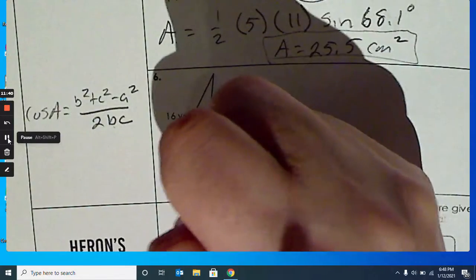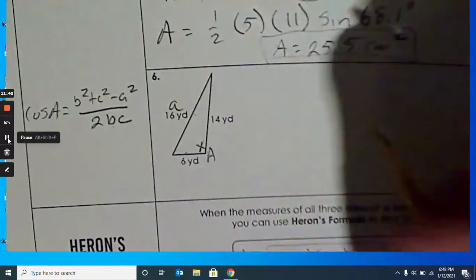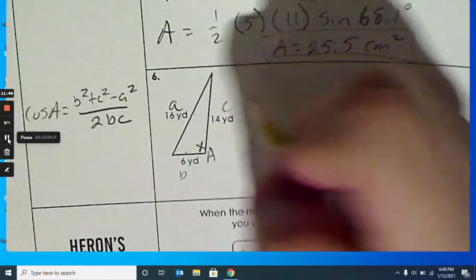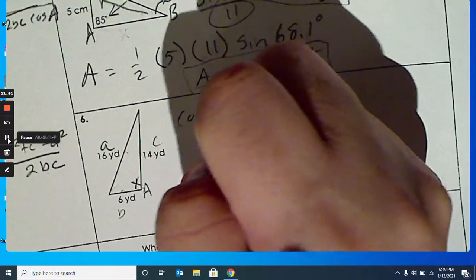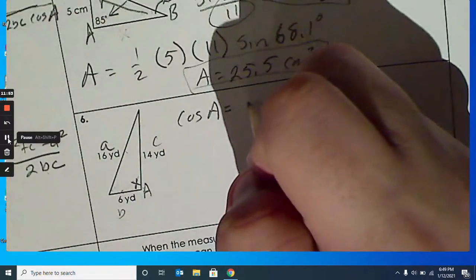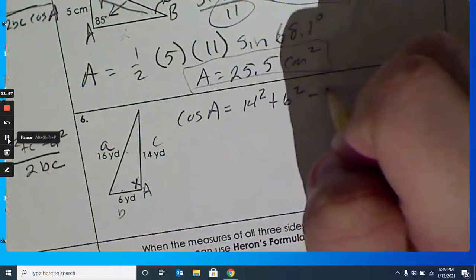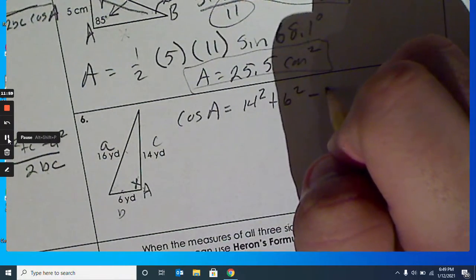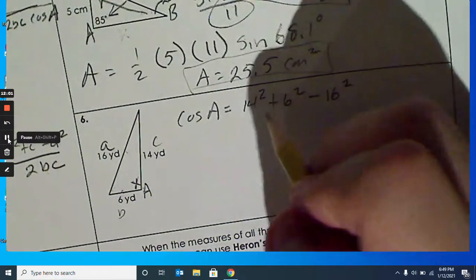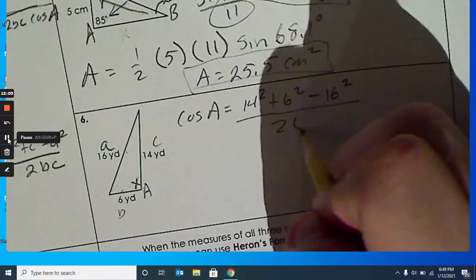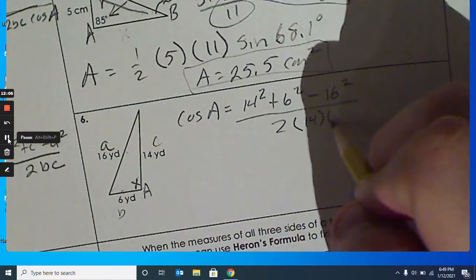So we'll call this side A, which makes this A. And then this could be B, this could be C. Doesn't really matter. But anyway, so if I do the cosine of A is equal to 14 squared plus 6 squared minus 16 squared all over 2 times 14 times 6.